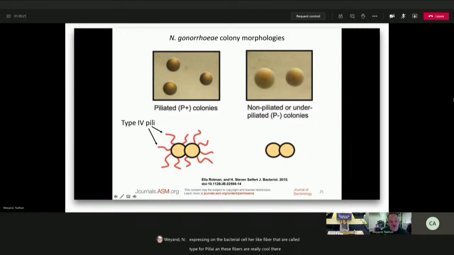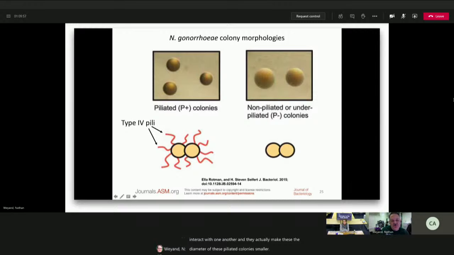They're retractile, so the fiber can attach to a human cell that the bacteria is infecting, and they can pull on the infected cell. The colonies on the right don't have pili, so they're kind of bald, and you'll notice the diameter of the colony is much wider. Those fibers interact with one another and make the diameter of these piliated colonies smaller.